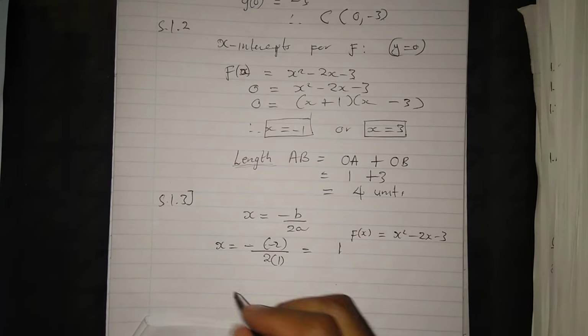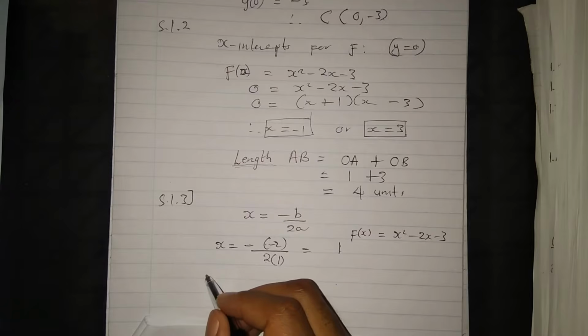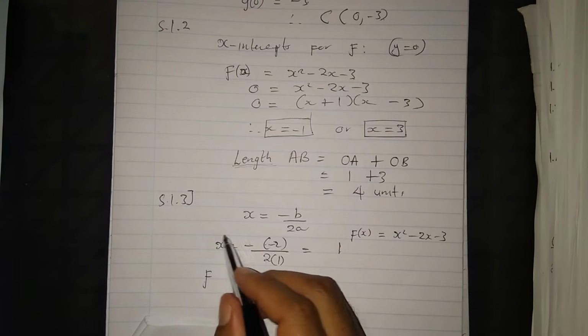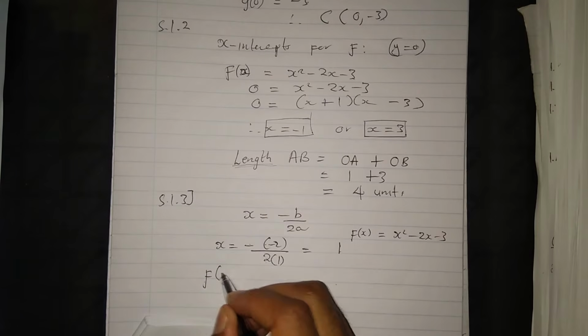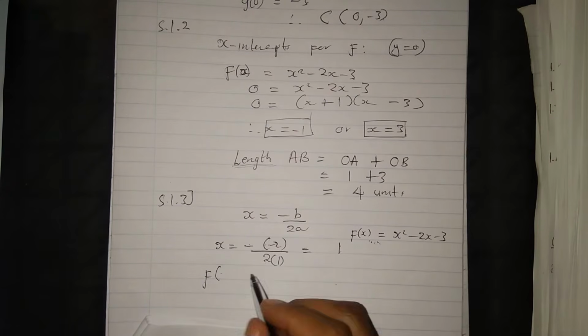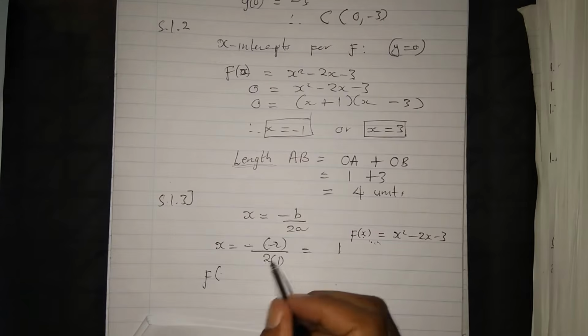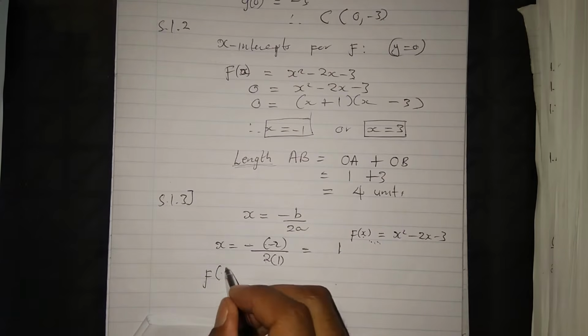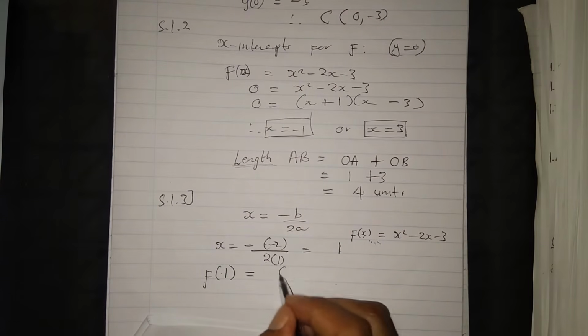Now I want the corresponding y-coordinate for this x value. So I substitute 1 back into the original equation where there's x.